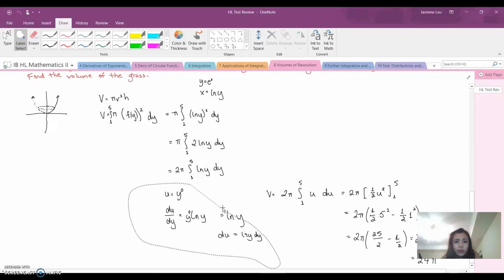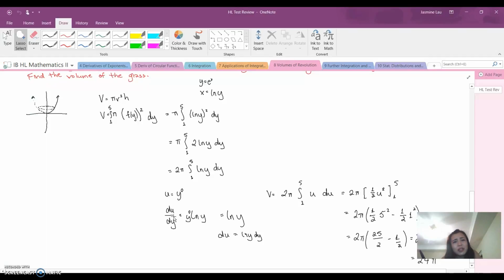But this is u substitution. u equals y to the 0 power. Apparently the derivative of that is ln y. I don't know why, but that's just the case.